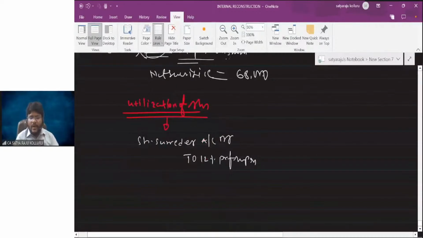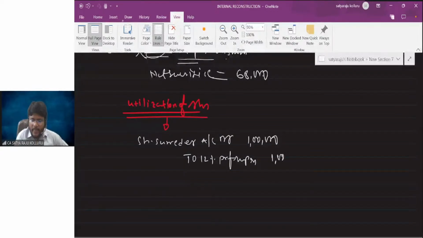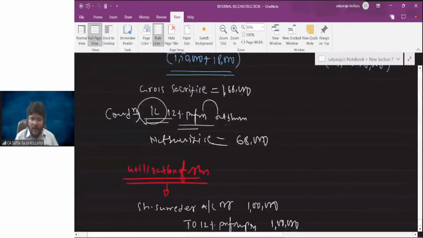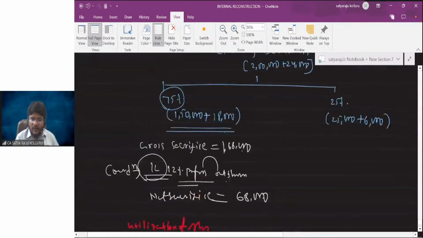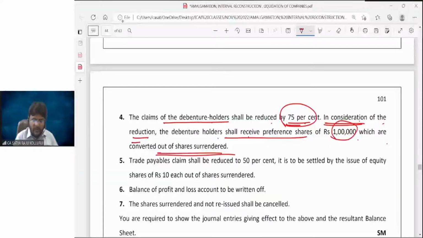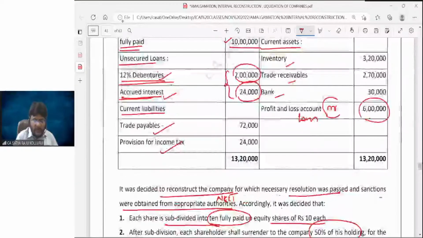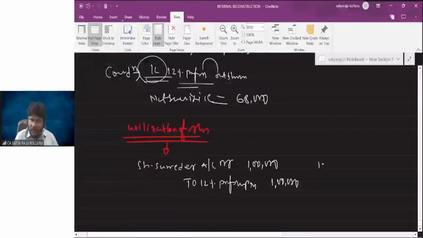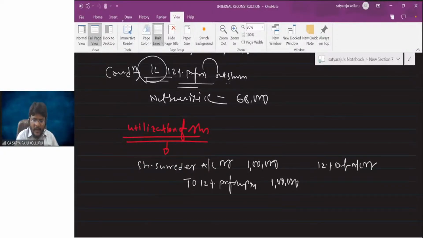So just now I utilized the share surrender by passing the entry share surrender account debit to 12% preference share capital 1 lakh. Now you are settling the party. So which party? Those are debenture holders. Out of such debenture holders, debenture capital, which debentures? 12% debentures. 12% debentures account debit you are settling. How much? For 1 lakh.